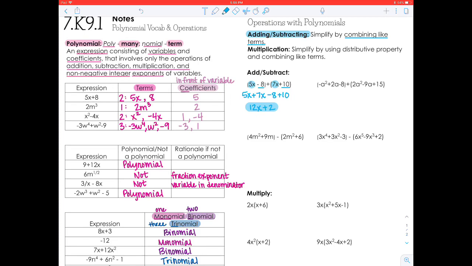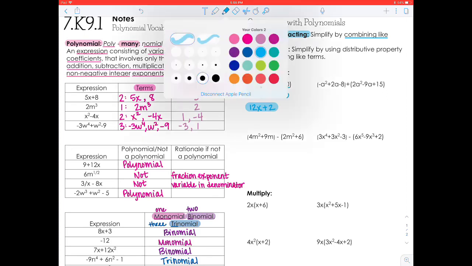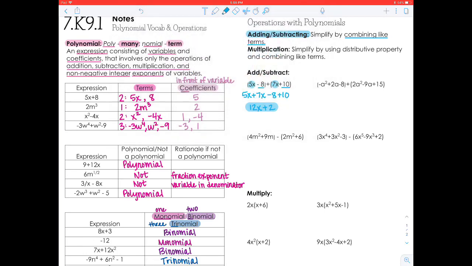Okay, let's do the next one. We've got negative a squared plus 2a minus 8. That's a trinomial. And then we're going to add another trinomial to it. So let's kind of distinguish these like terms here. I've got 3 different terms.